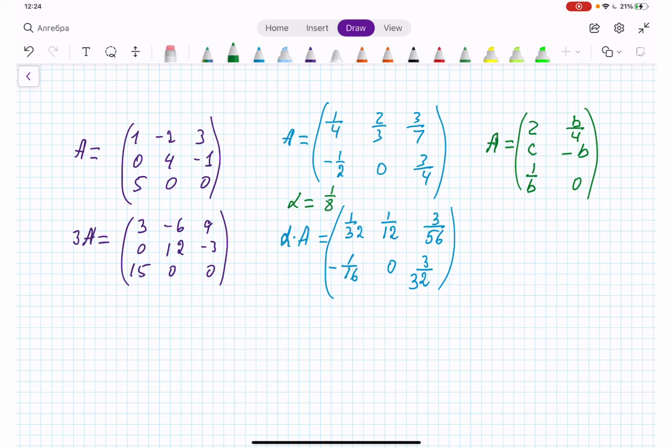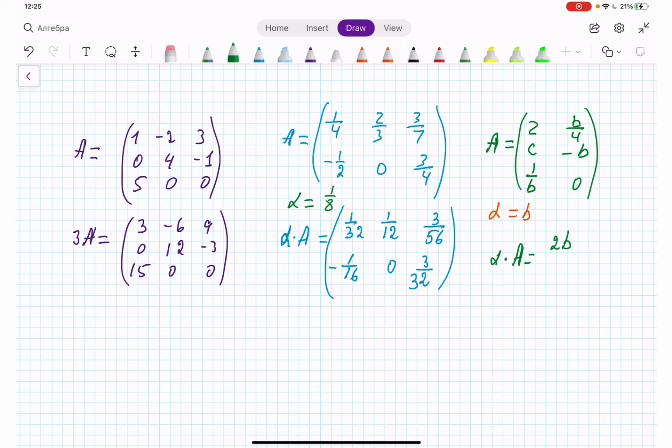So we need to multiply matrix A by the number alpha, that is equal to B. Okay, so what we are getting as a result, alpha times A is going to be equal to 2B, right?